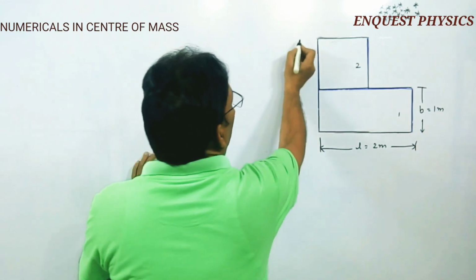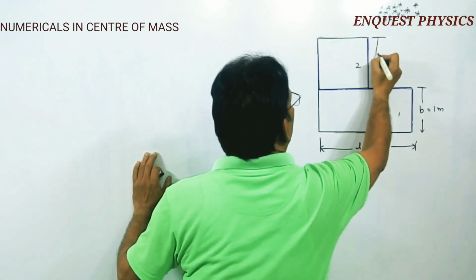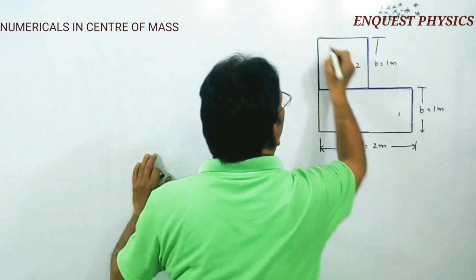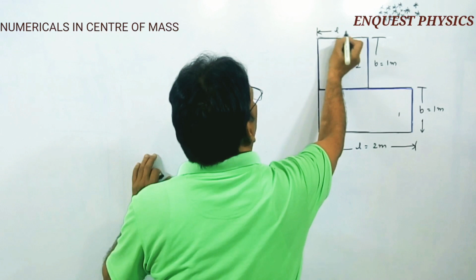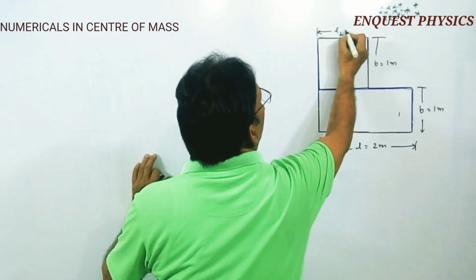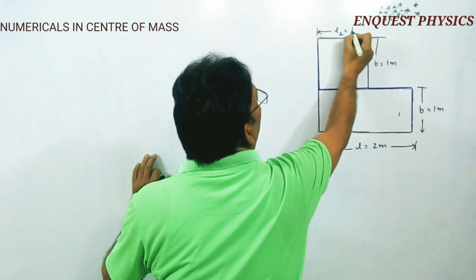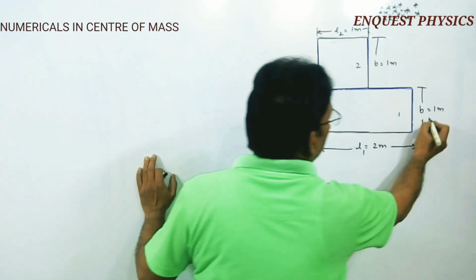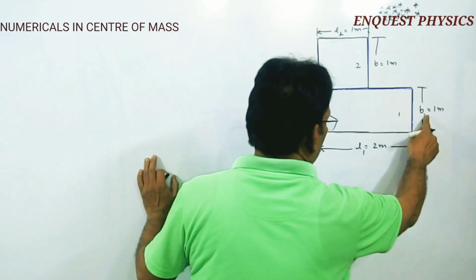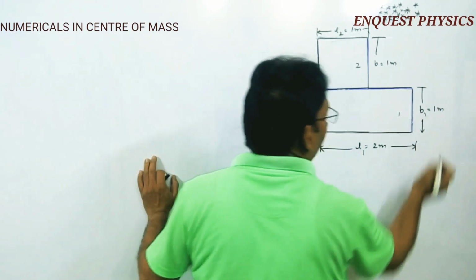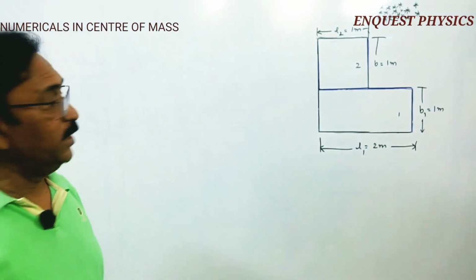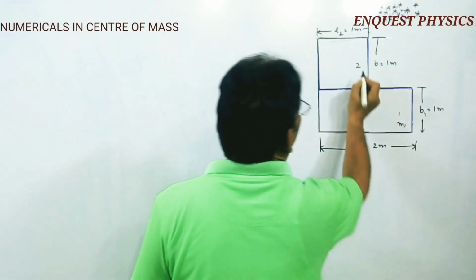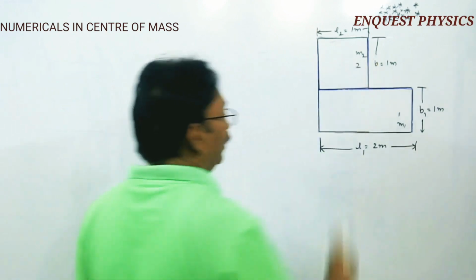In the same way, the breadth of the second plate is 1 meter, and its length L2 is equal to 1 meter. These are the two plates. Let's say they have masses M1 and M2 respectively.